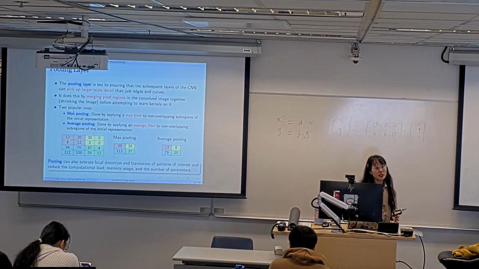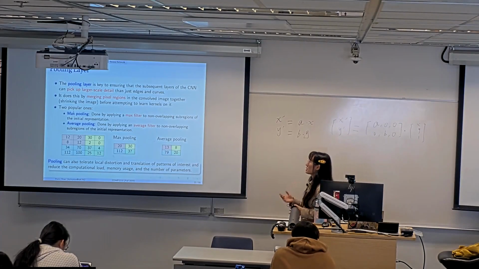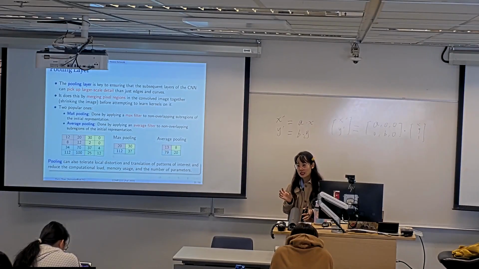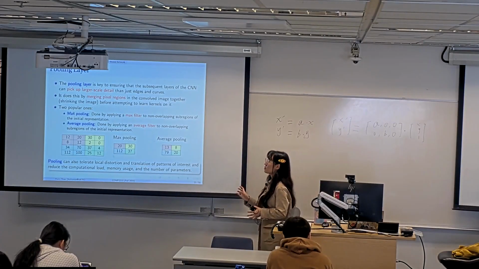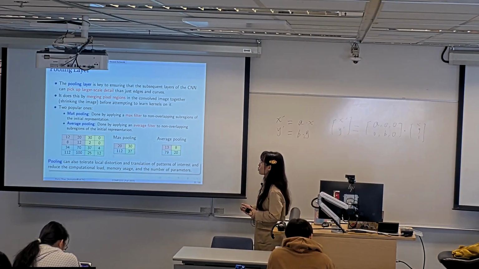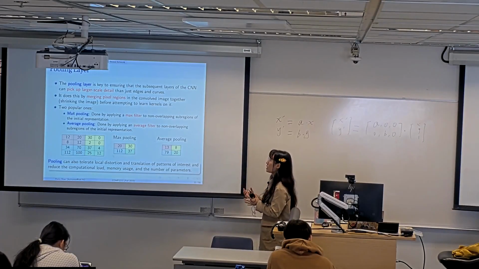Because each convolution layer tries to extract some features, right? The features usually contain some edge and curve information of the input image, but it's not necessarily so useful for classification. If we want the neural network to make accurate predictions, it requires some large-scale detail.